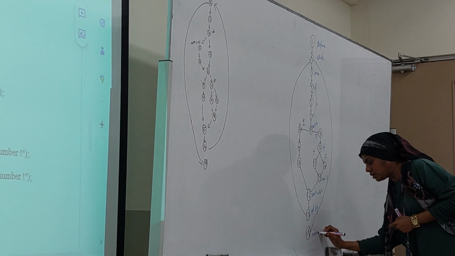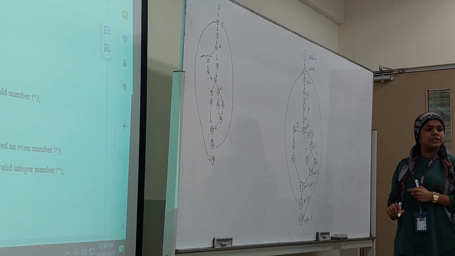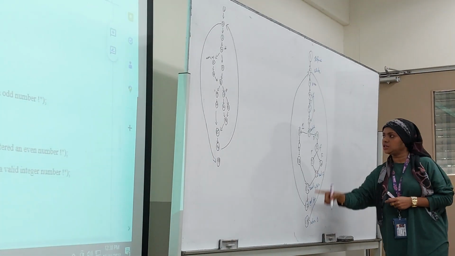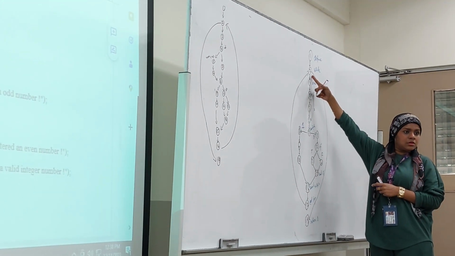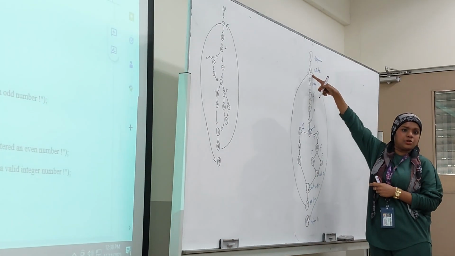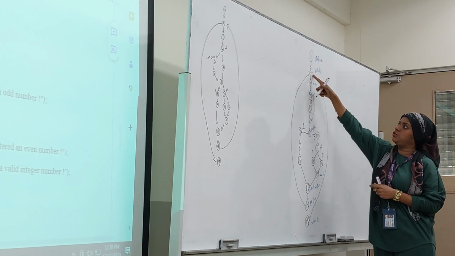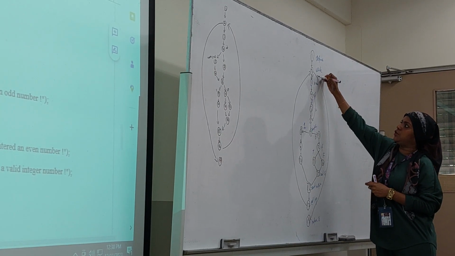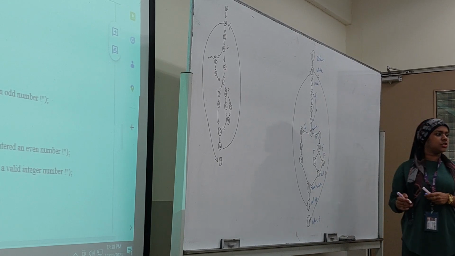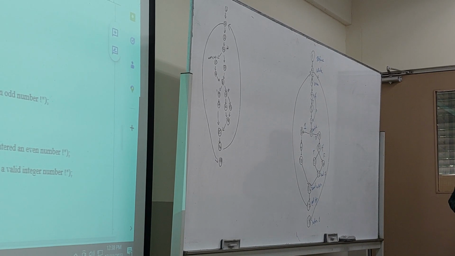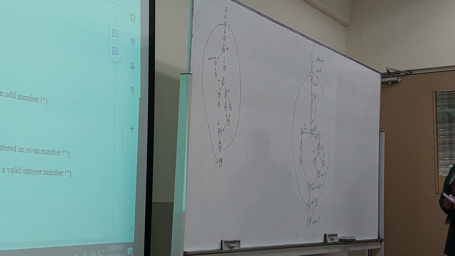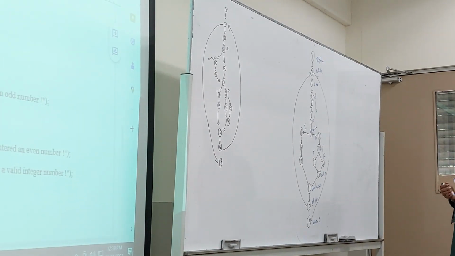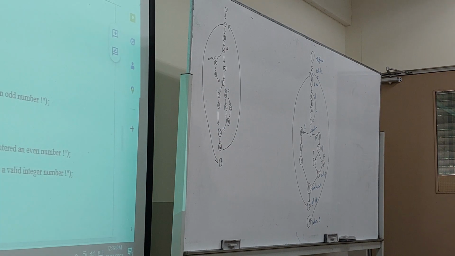So note 17 to 18 there is no direct edge because the decision is here. So we must go up here to check. So we have 2 edges coming up. If it's true, it will enter here. If it's false, it will return 0. Got it? So this is why these two nodes don't have a direct connection. There is no edge.